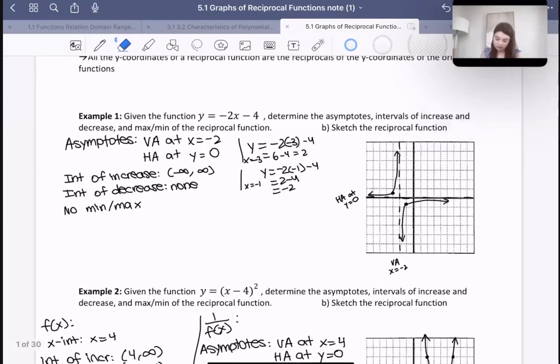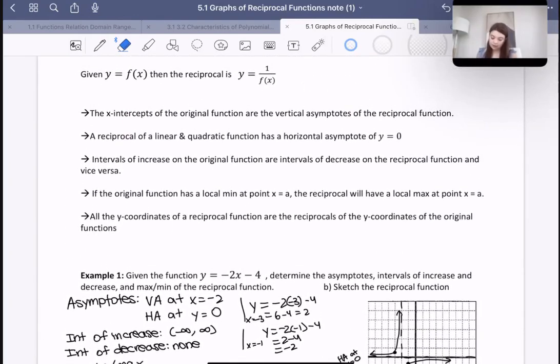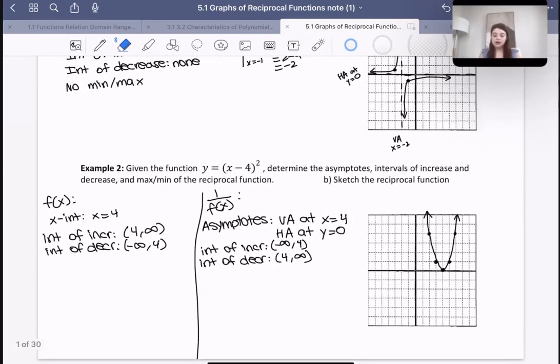All right, and what does the next point say? The next point says if the original function has a local min at point x equals a, or this goes for global min as well, the reciprocal will have a local max at point x equals a. Okay, so in the original function, we have a minimum point at 4, 0, right?